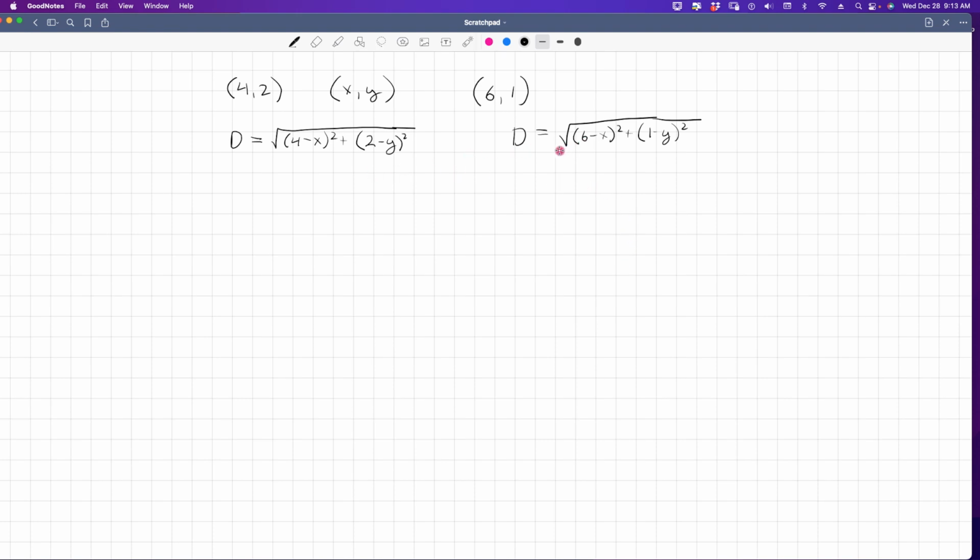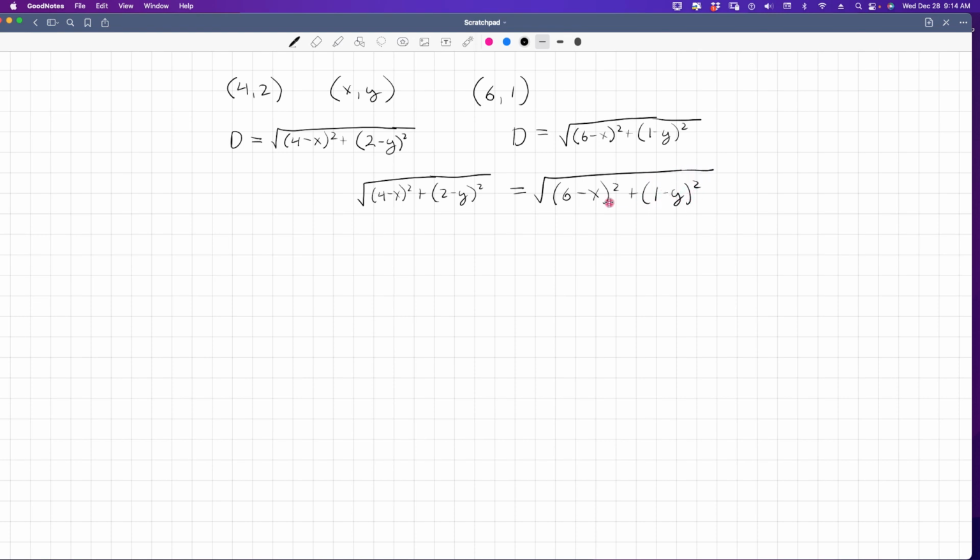So all we really have to do is set these 2 equal to one another. So we would do that. We would just say the square root of (4 minus x) squared plus (2 minus y) squared is equal to the square root of (6 minus x) squared plus (1 minus y) squared.